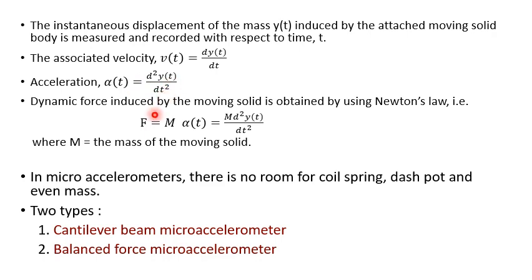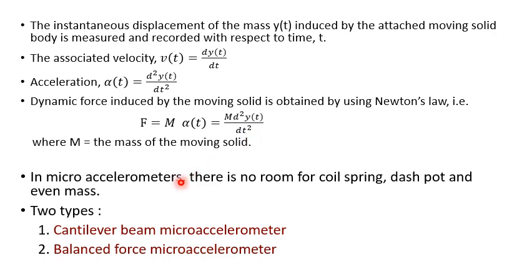And in order to find the dynamic force induced by the moving solid, you have to apply Newton's second law, which states that the force is directly proportional to the acceleration. So you have F is equal to m into alpha of t, where m is the mass of the moving solid. So F is equal to m into d square y of t by dt square.